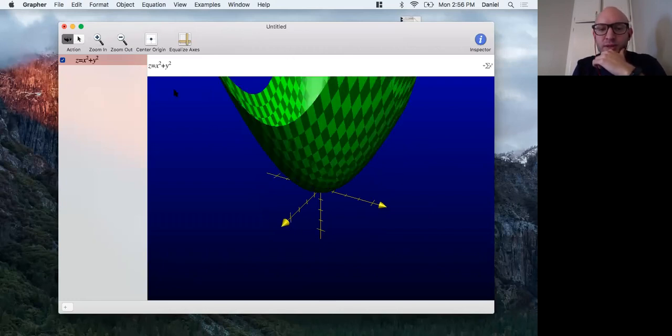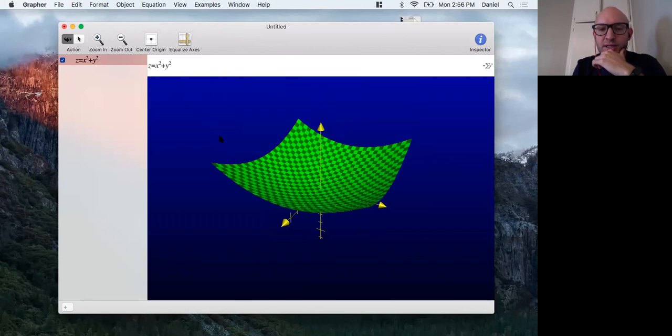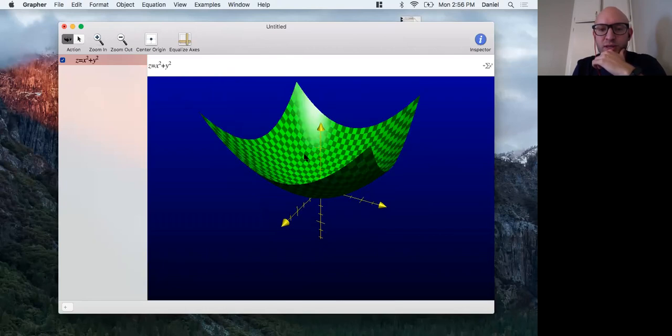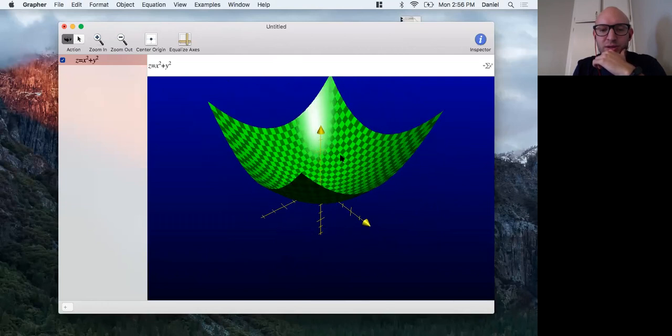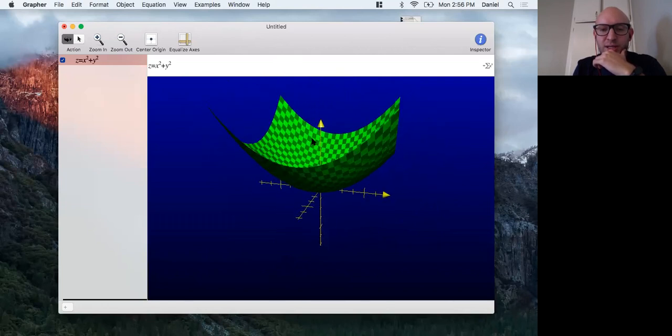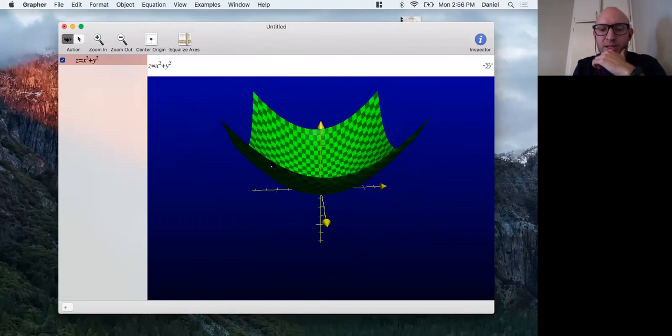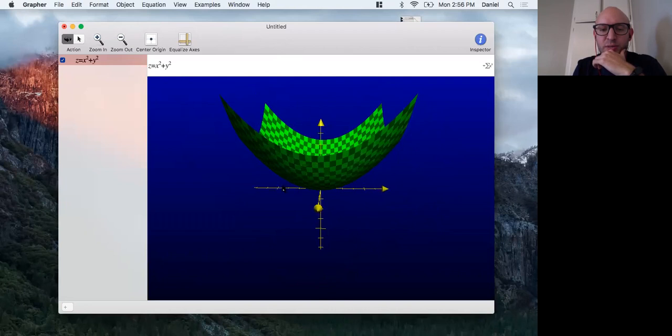If you zoom in a little bit, you can kind of see that it's like a satellite dish. Every cross section is a little parabola. So these are surfaces.